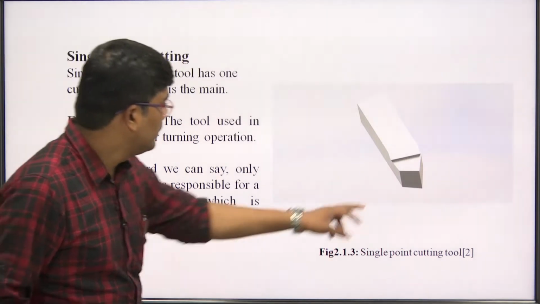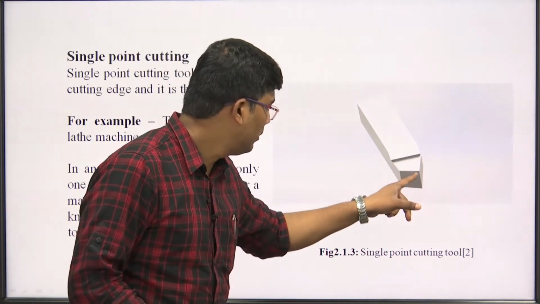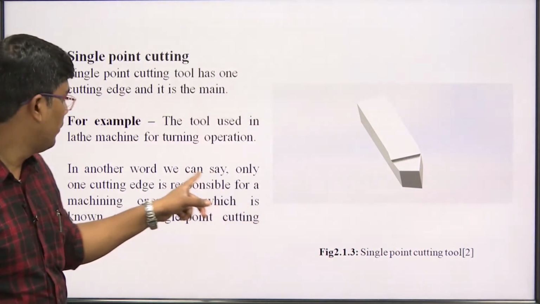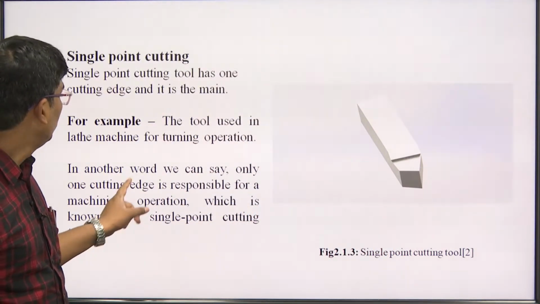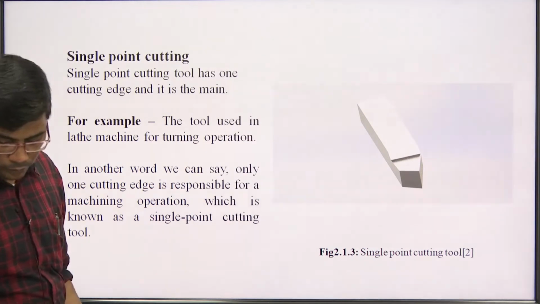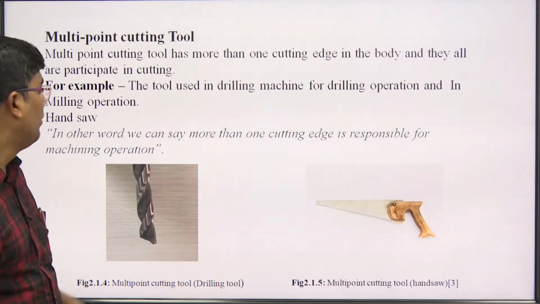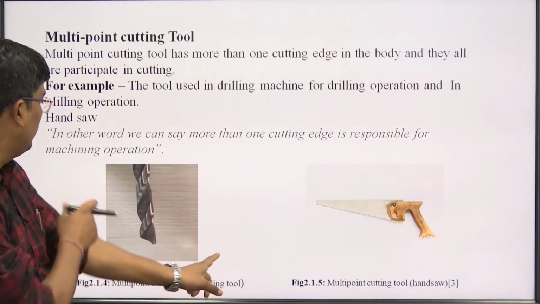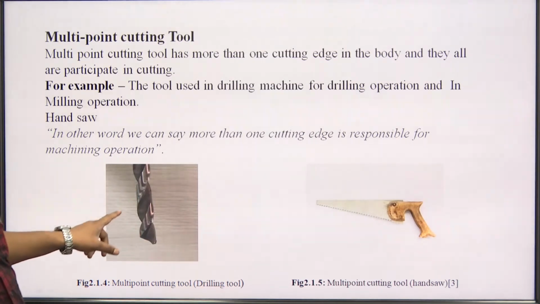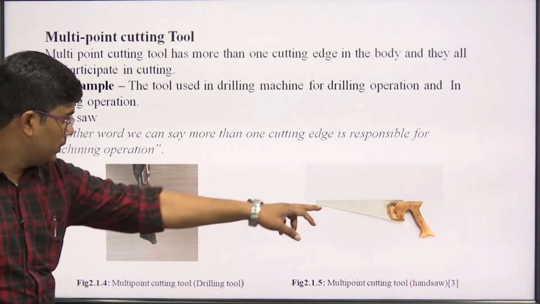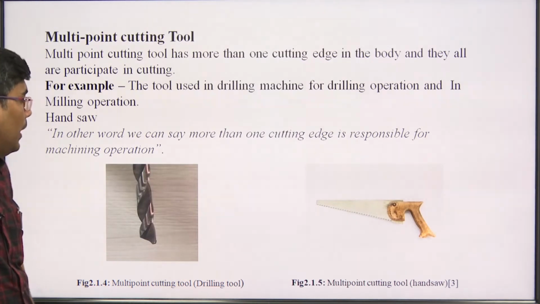You can see there is more than one cutting edge, but only one cutting edge will be responsible for the machining operation, so it is called a single point cutting tool. In a multiple point cutting tool, in this image, this is a drilling tool, this is a hacksaw.